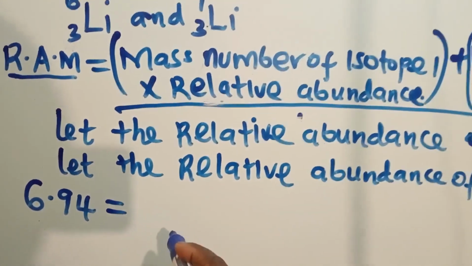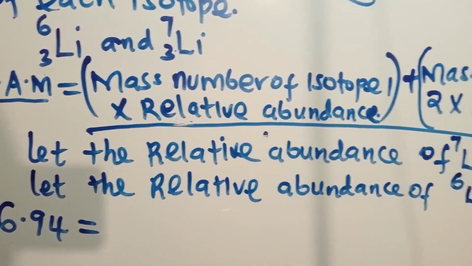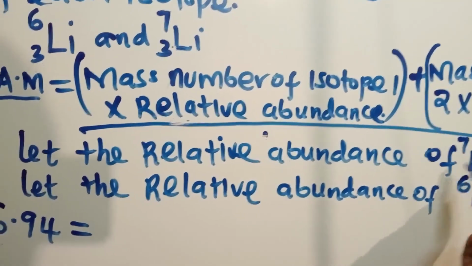Then we got to isotope 1 that we have said is lithium-7.